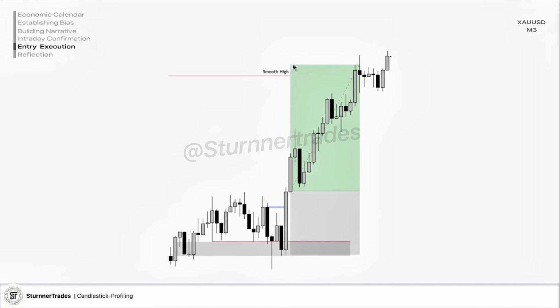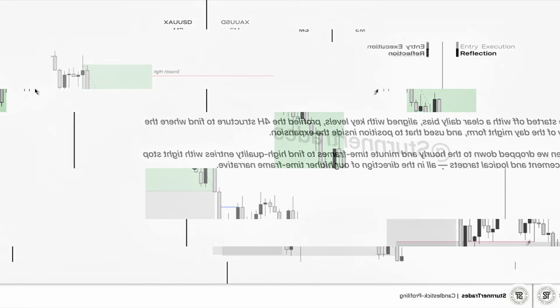And as you can see, price ran straight into the target, executed clean with no stress. So that's how I caught a clean 2R off this setup. High quality. It's an A+ trade for me because everything lined up from the higher time frames down, and I just profiled myself into the move.